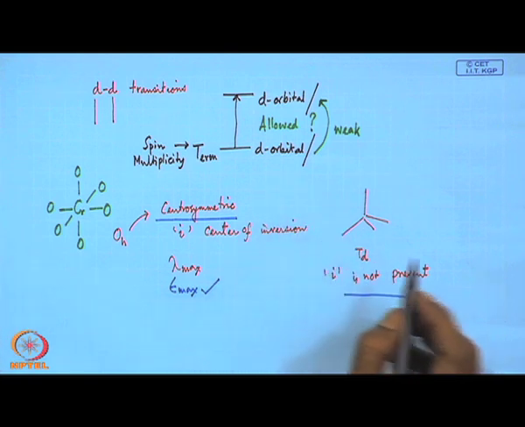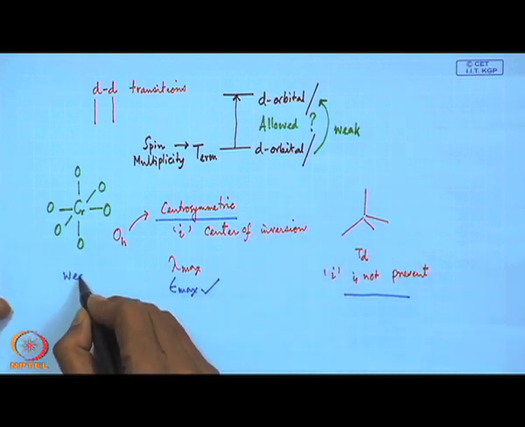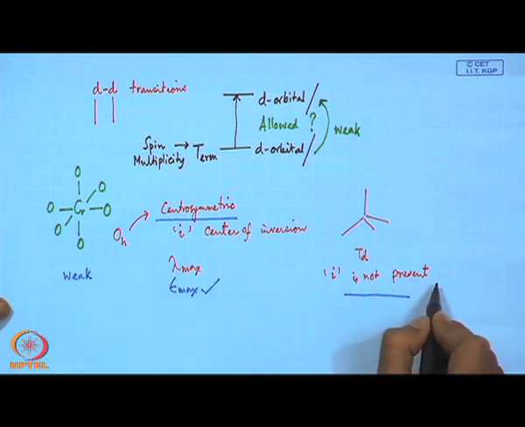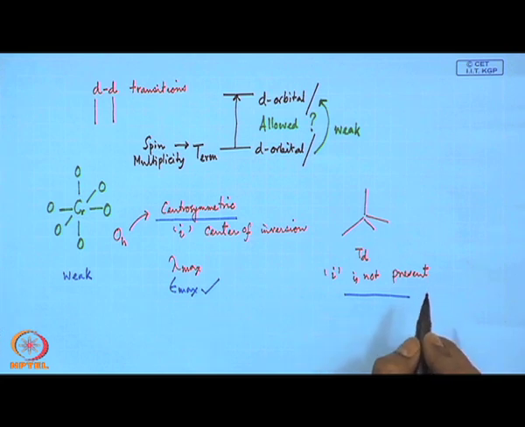In some cases we have a little bit weak transition, in some cases a little bit stronger transition can be present where inversion center is not present. So, in our next class we will again discuss in detail related to our Laporte selection rules. Thank you very much.